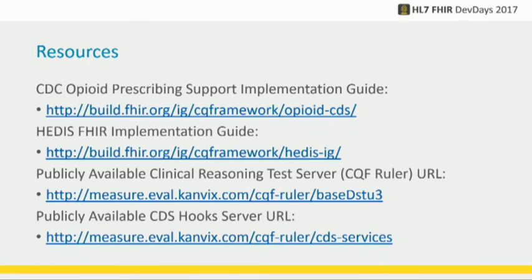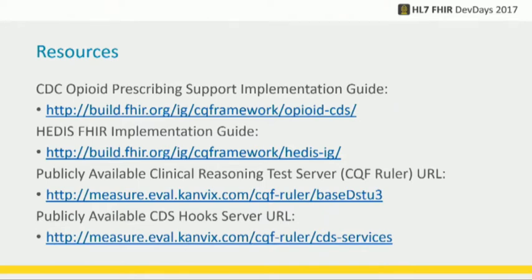So just some resources. The opioid implementation guide from yesterday, if you were in that. The HEDIS FHIR implementation guide. This is NCQA measures. There are 11 of them now, I think. They're the 2018 specs, and they're fully specified against FHIR. So those are there. We also have a publicly available test server that implements these and can run these, and runs the decision support that we talked about yesterday as well.